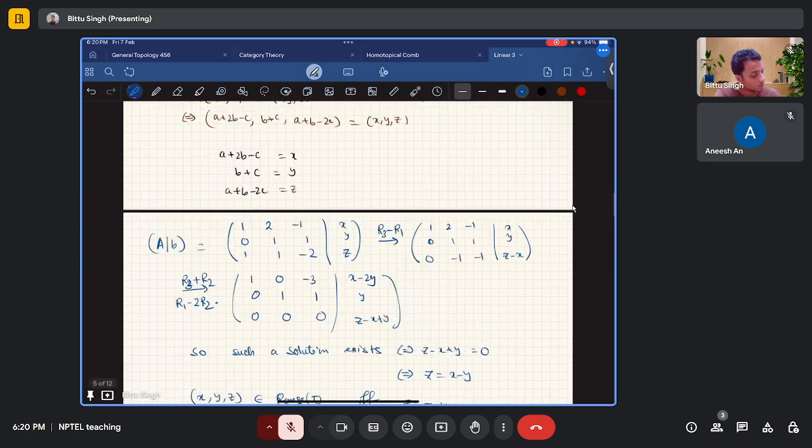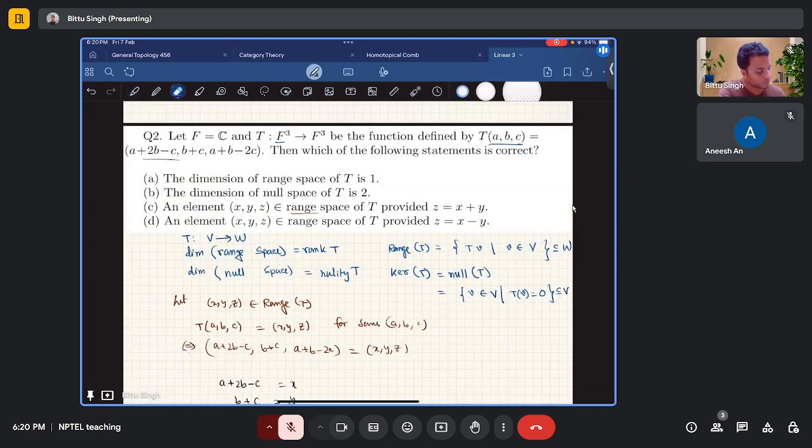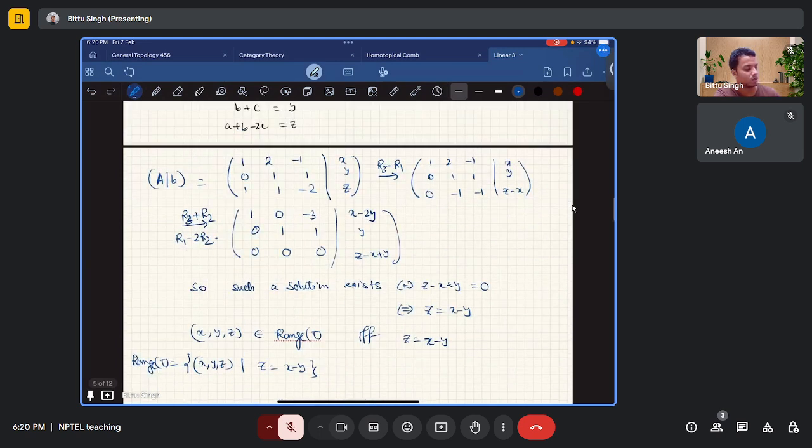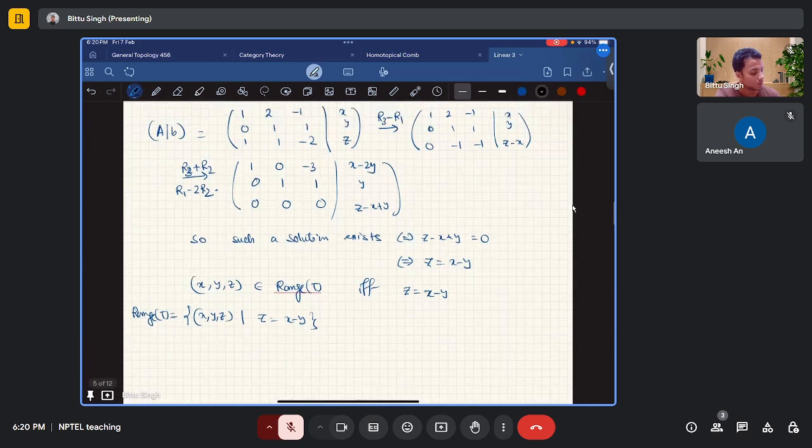Okay, so this matches with option D, right? z equal to x minus y. Answer is D. And also we can see what the null space is for this. So again the same thing, what is the null space? Null space is equivalent to solving: find x, y, z, find maybe a, b, c in this case, such that A times this a, b, c equals the 0 vector.